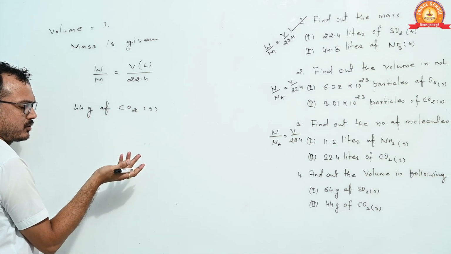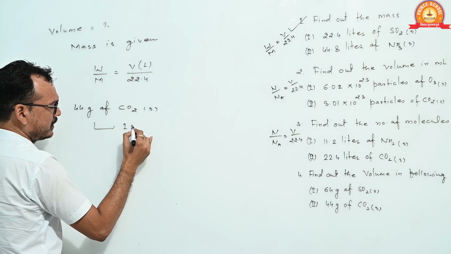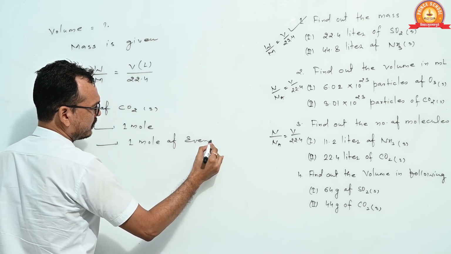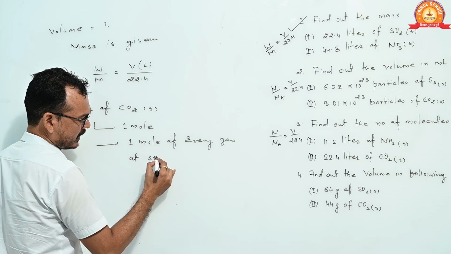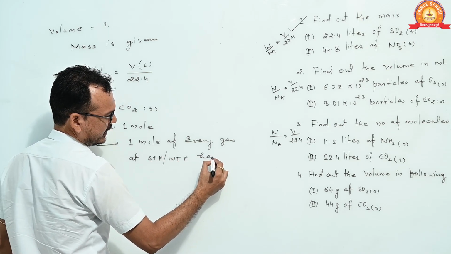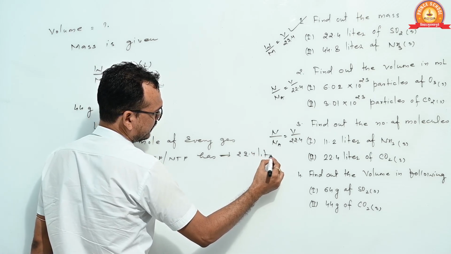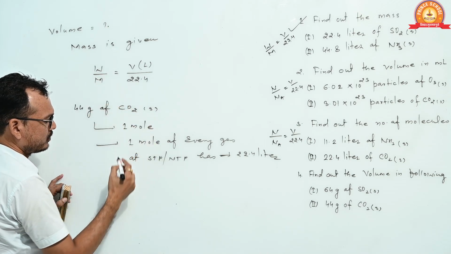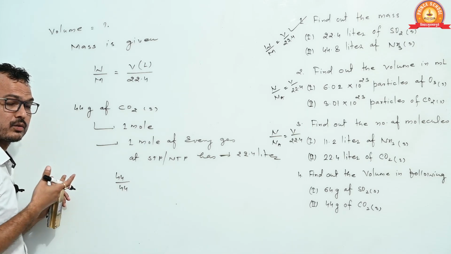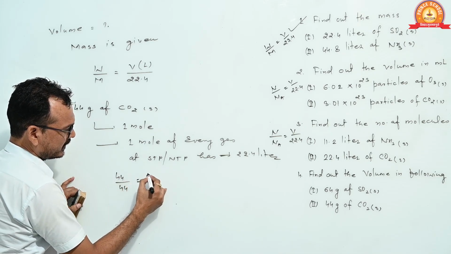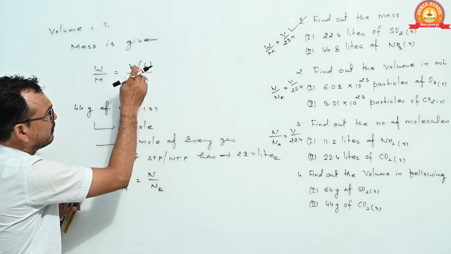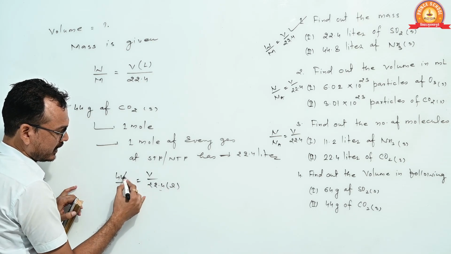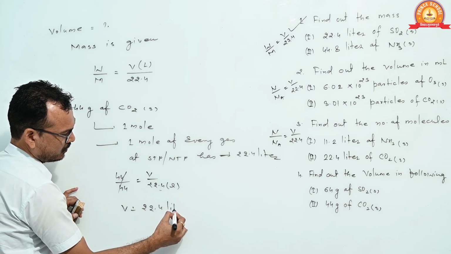We know that 44 gram of CO2 gas also gives 1 mole, and we know that 1 mole of every gas at STP or NTP has 22.4 liter volume, and by using this formula this is also the same. 44 gram of CO2, 44 divided by 44, which is the molar mass of CO2 gas, gives n upon Na, and the volume is 22.4 liter. Clear?